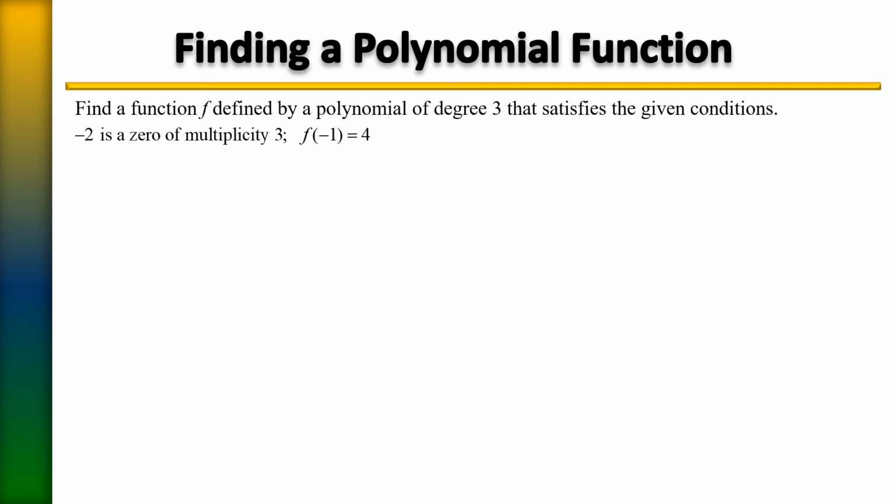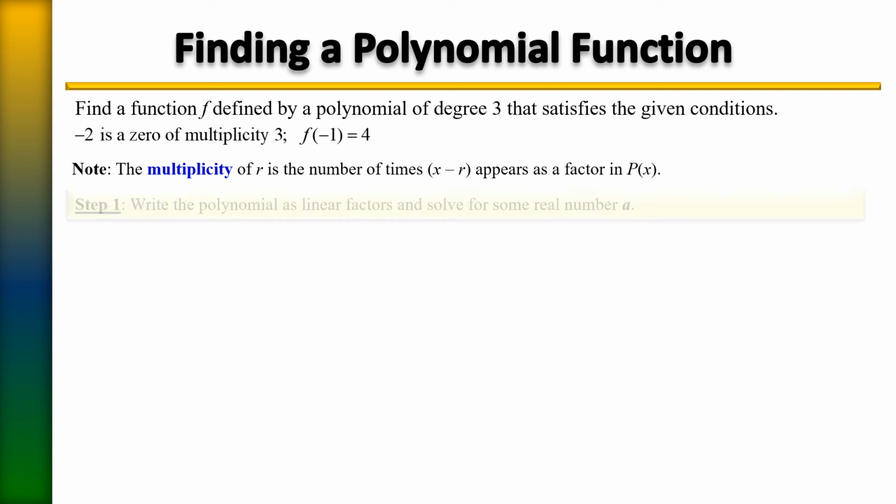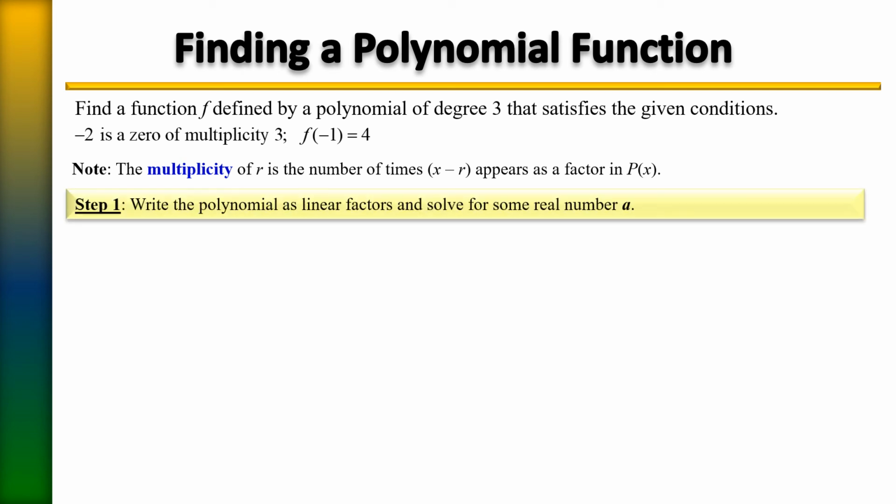But instead of writing it that way, we can write it the shorthand way and just write it once and put a little 3 up in the upper right hand corner as its exponent, meaning that it occurs 3 times.